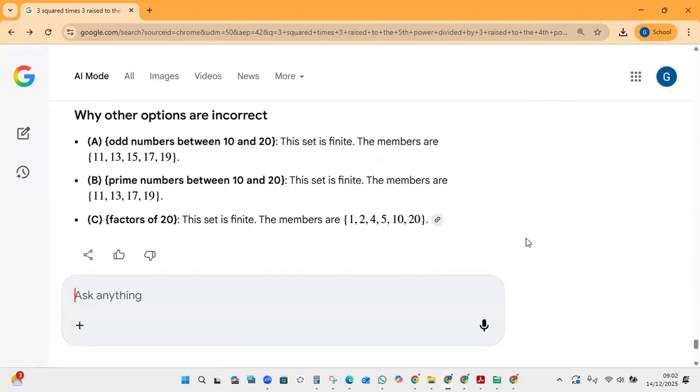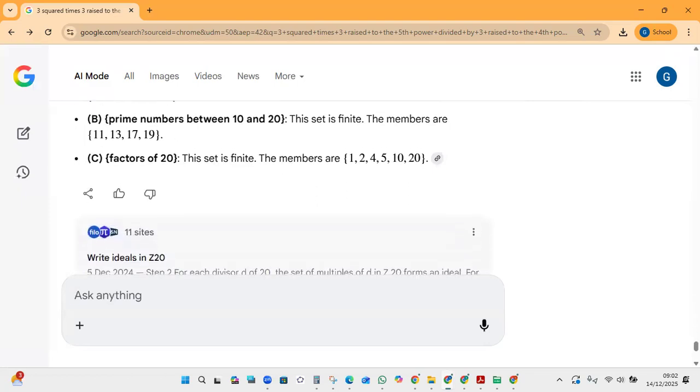And see now factors of 20. Factors always begin with 1. All numbers, or whole numbers, integers, etc., their first factor is 1 and their last factor is themselves. So there's a lower boundary and an upper boundary. There's a lower limit and an upper limit.